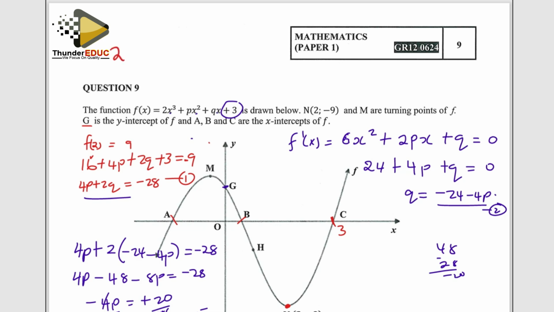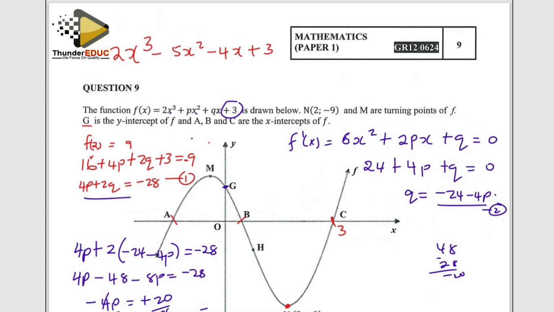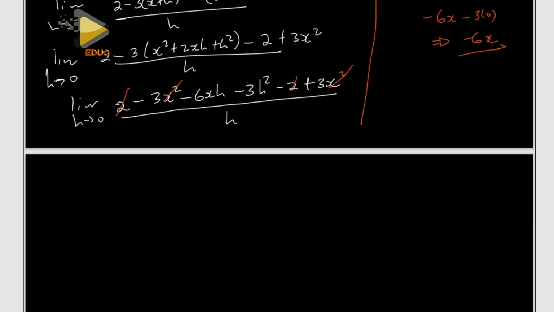So it's going to be 2x cubed minus, we said it's 5x squared, minus 4x plus 3. P and the q will both be negative. So 2x cubed minus 5x squared minus 4x plus 3. That is our cubic function.